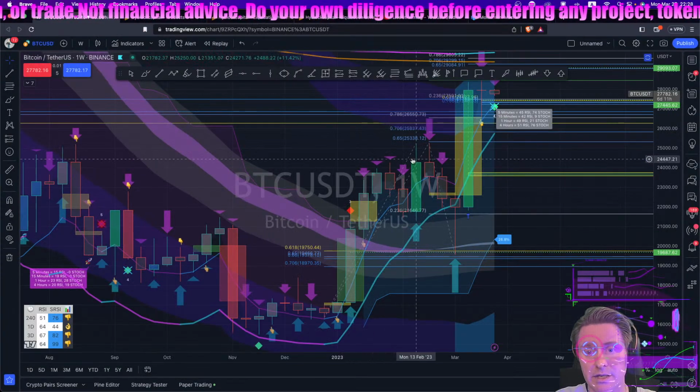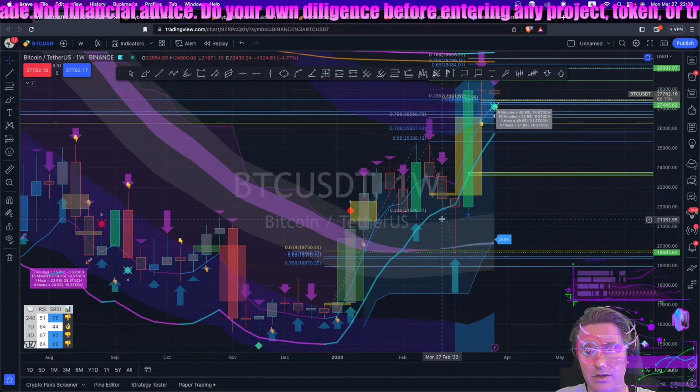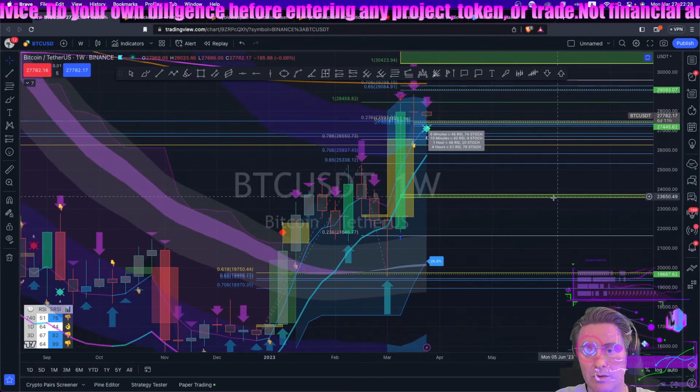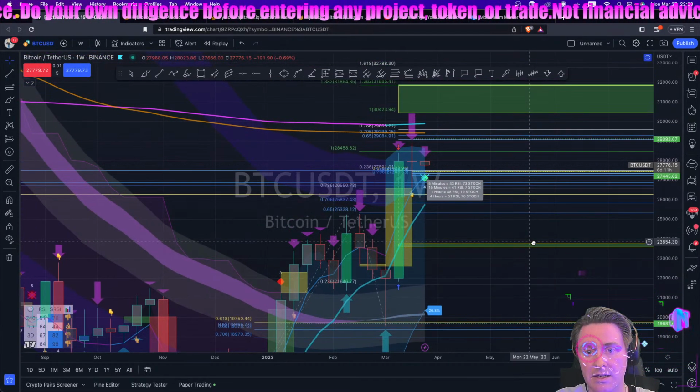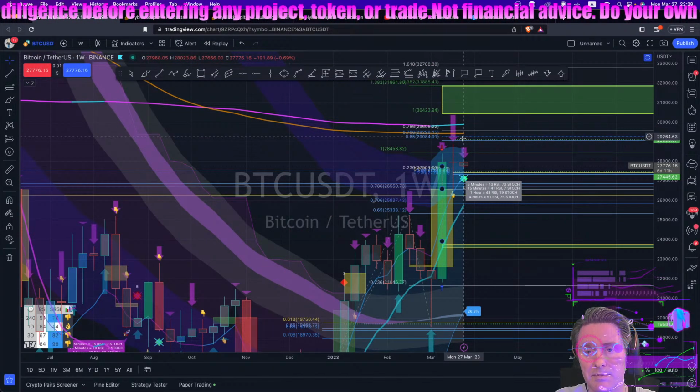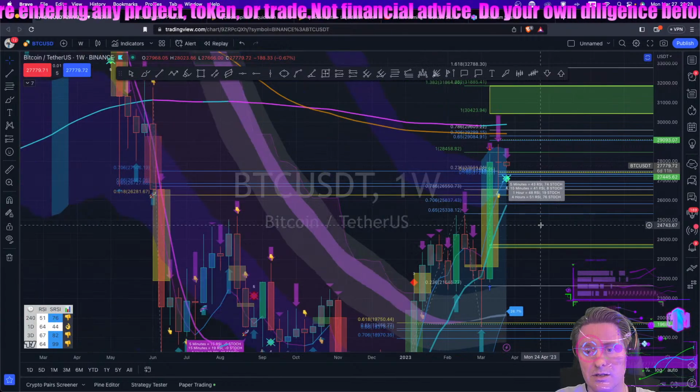And so we came to that trend cloud, it started to thin, we wicked off it with that Fibonacci in mind, and boom, we went to the upside. So are we going to eventually tap this adaptive and then come back down into these regions is the question.